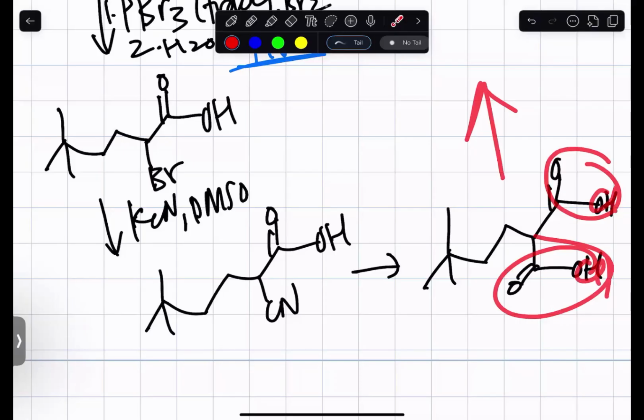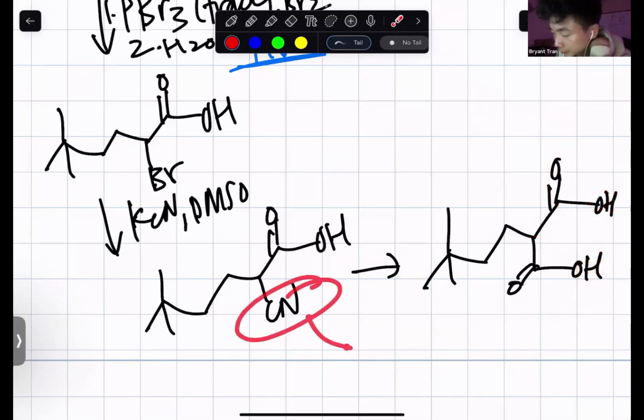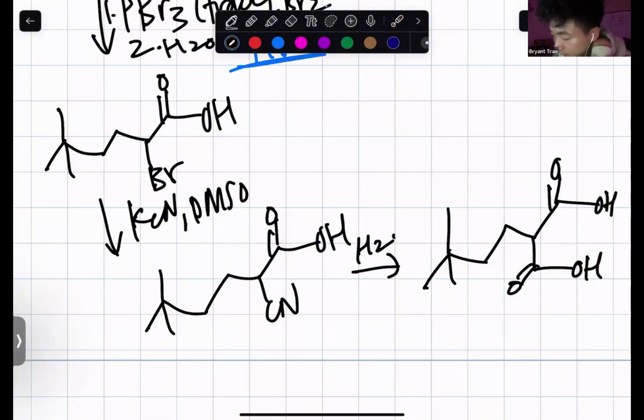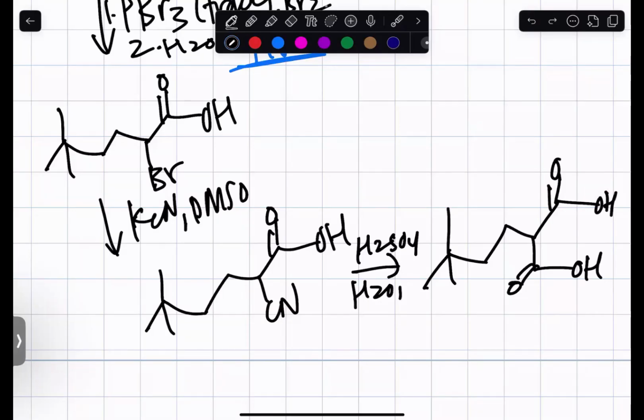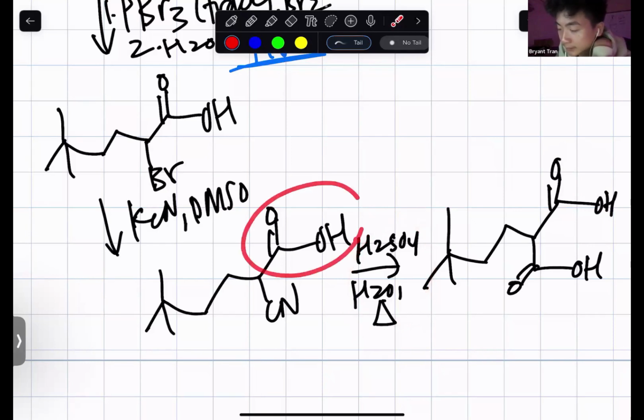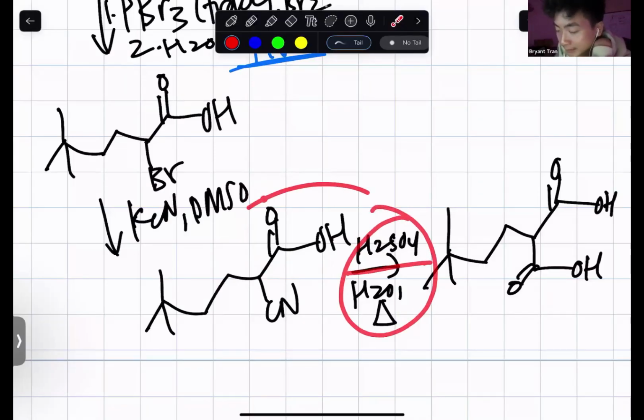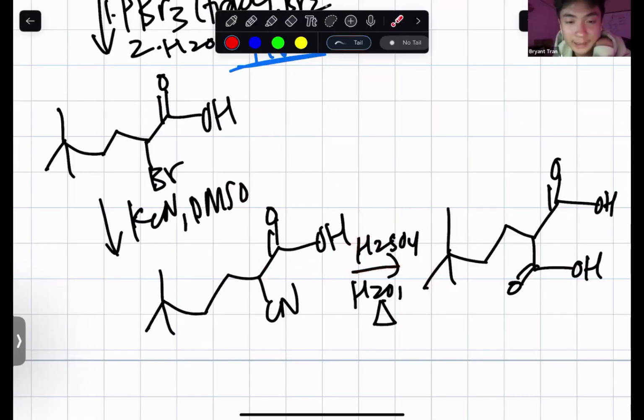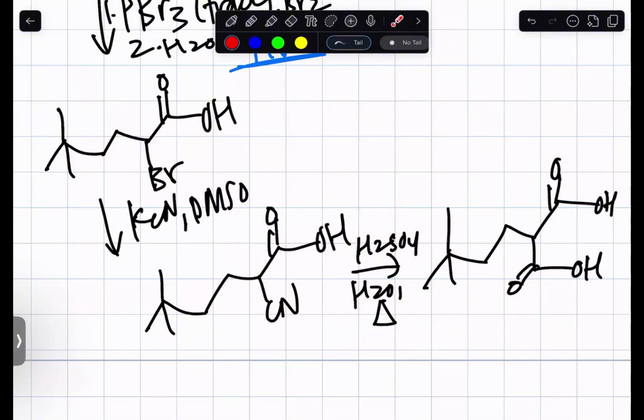We want to convert this nitrile into the carboxylic acid with hydrolysis, which is done through H2SO4, H2O, and heat. That doesn't interfere with the carboxylic acid because that's an acid and we're putting it through acidic conditions, so nothing's going to happen to the acid. Okay, that makes sense.